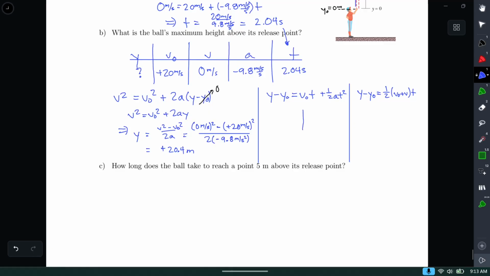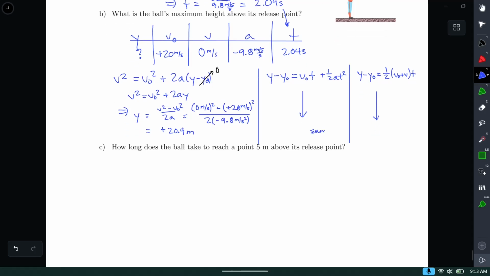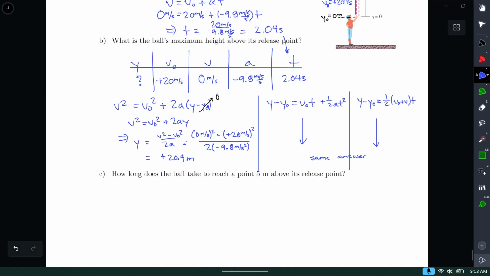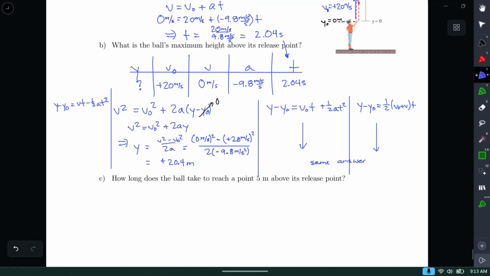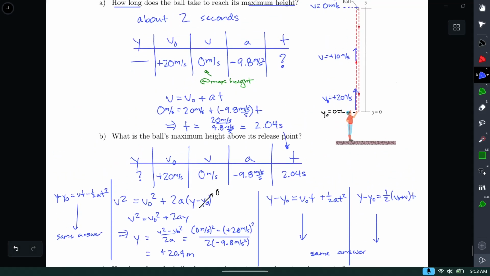But no matter which one you use, you should get that same answer. They should be consistent with each other. Did you use any of the 4 equations besides the first one, or are there only 3? Absolutely, yes, you could. So you have a lot of options for this one. And that's typically the case once you've already found some information using a different kinematic equation.